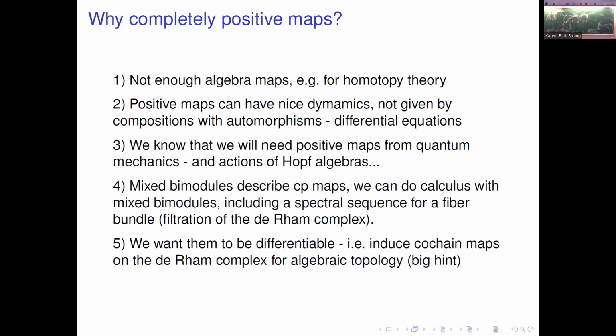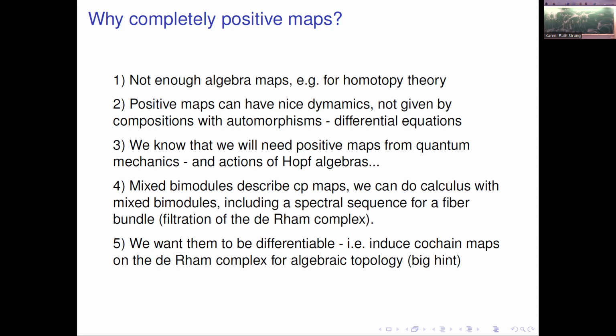Well, it's a really standard thing in the theory of C-star algebras that there are not enough algebra maps to go around, for loads of purposes, K theory, KK theory, anyway. Basically, there's an industry of people developing alternatives to algebra maps, and completely positive maps are a really good alternative. We're going to be looking at dynamics of these things.